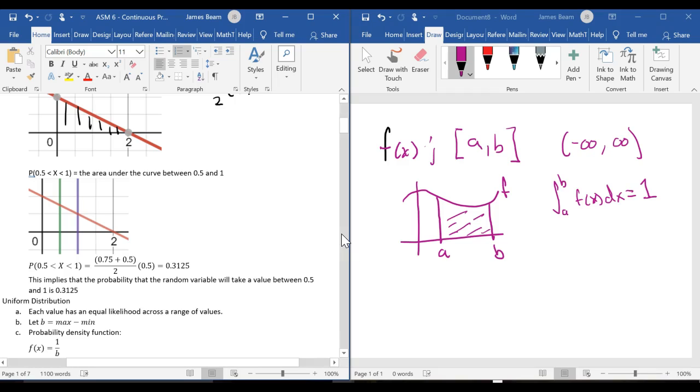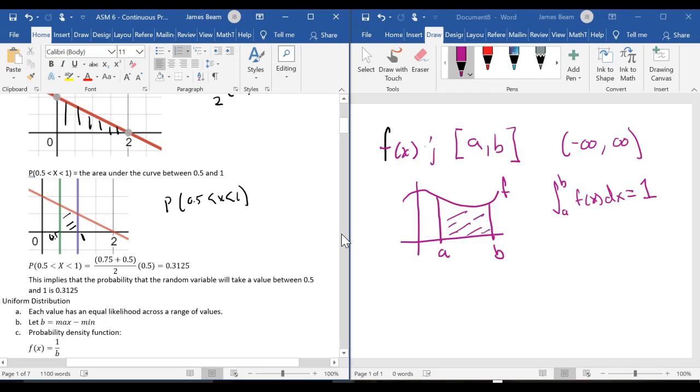So what I did here is I said, okay, so how does this work? If I put 0.5 here and 1 here, then the area of this is going to be the probability from 0.5 to 1. So it's the probability that the random variable takes a value between 0.5 and 1. So here that's a trapezoid.